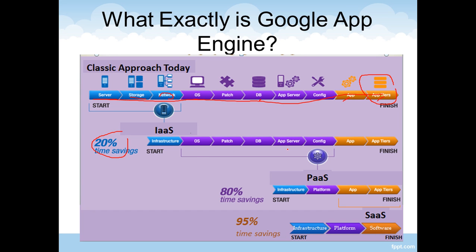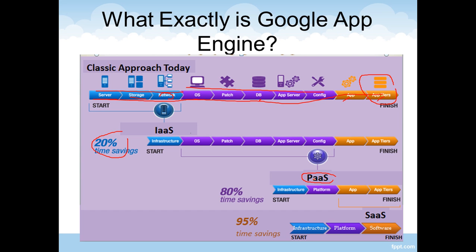But we still have to do all these things: installing the operating system, patching it, installing the database, configuring the application server, and at the last, the app. But what if we use platform as a service? We don't have to manage this part, we don't have to manage this part. So we save 80% of our time and eventually the money also.